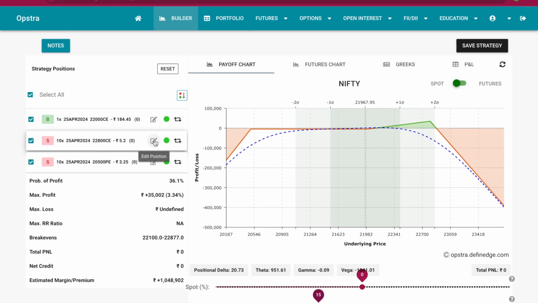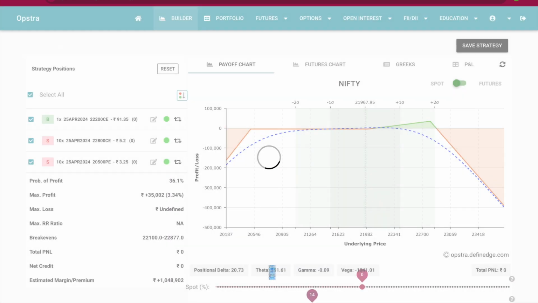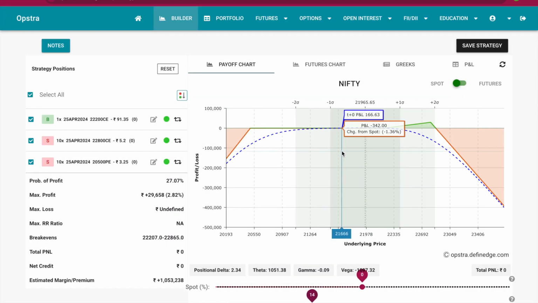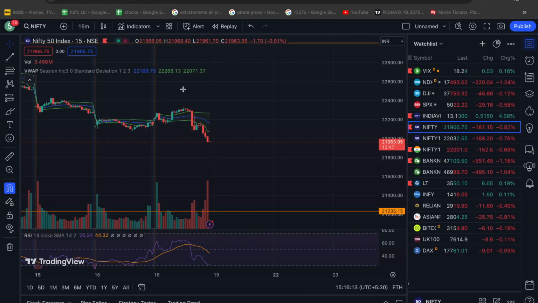This is 10 lakhs. I think we can go just upward of 22,200, and yes, right now, if the market goes down, then we will incur no loss. 20,500 we are selling.